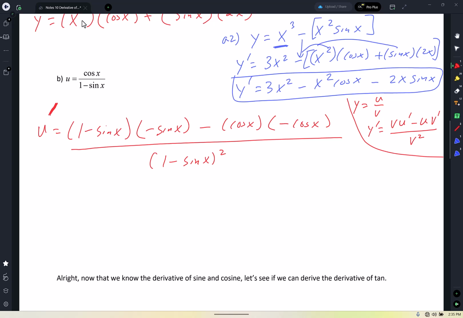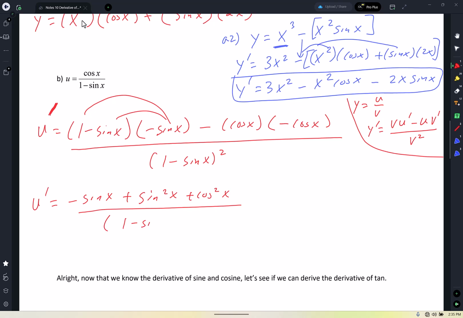Here we go. u prime equals negative sine x plus sine squared x. Negative times the negative is a positive, plus cosine squared x, all over (1 minus sine x) squared. Notice that in the numerator, I have sine squared plus cosine squared. That equals what? 1.